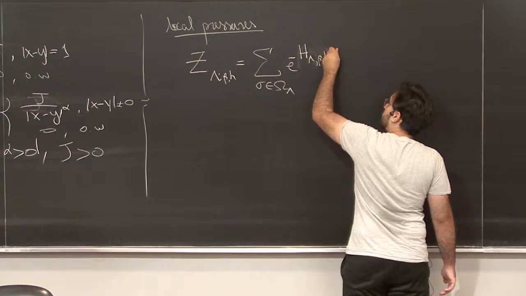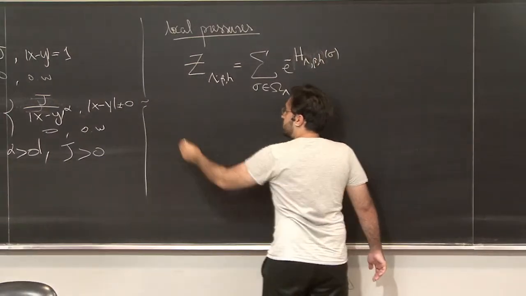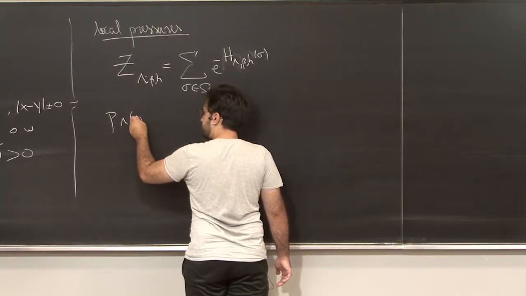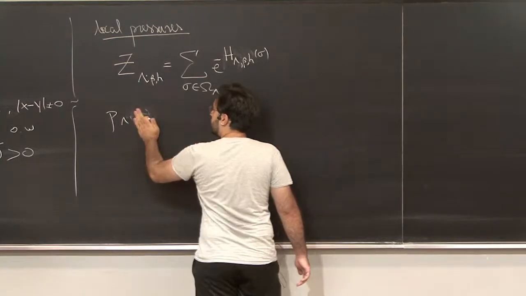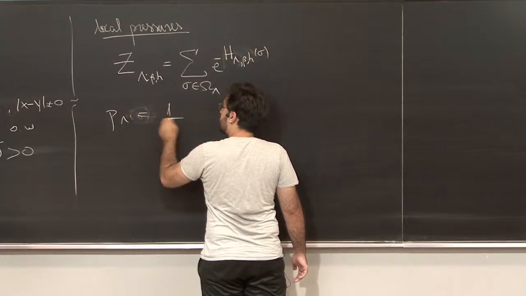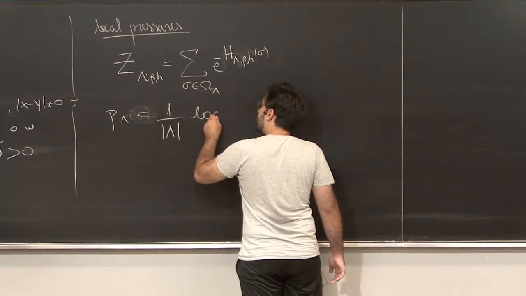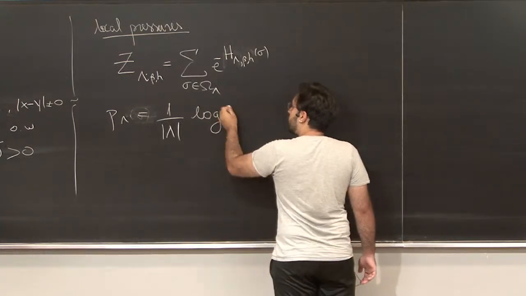The local pressure P_Lambda was defined as 1 over the size of your finite system times the logarithm of the partition function.